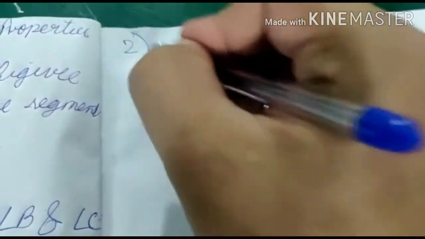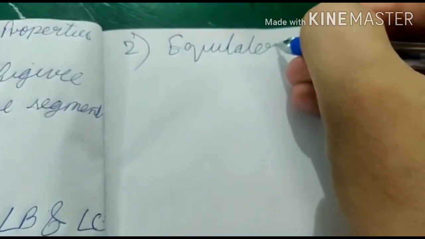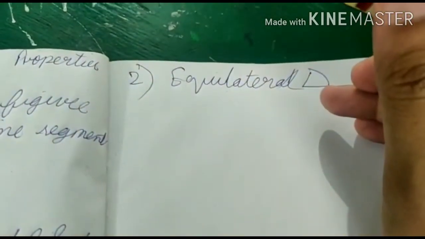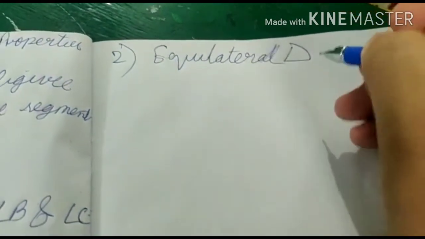The second type of triangle is the equilateral triangle. What does this mean? In an equilateral triangle, all sides are equal to each other, as well as all angles.